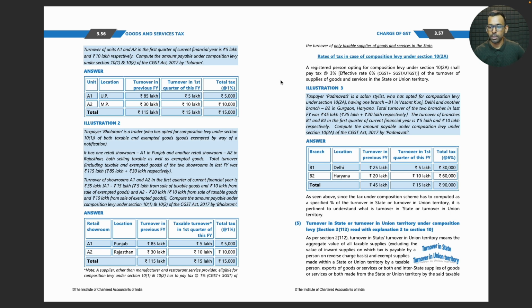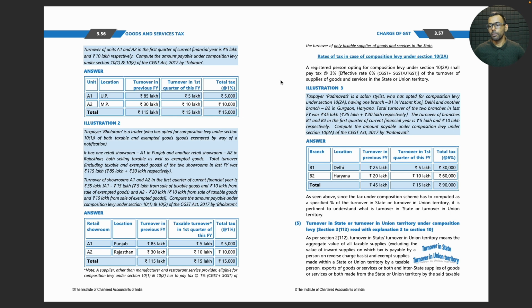Taxpayer Padmavati is a salon stylist who has opted for composition levy under section 10 subsection 2a, having one branch B1 in Vasant Kunj, Delhi, and another branch B2 in Gurgaon, Haryana. Total turnover of the two branches in the last financial year was 45 lakhs, that is 25 lakhs plus 20 lakh respectively.